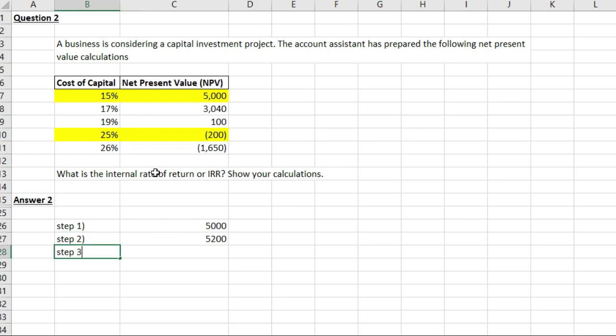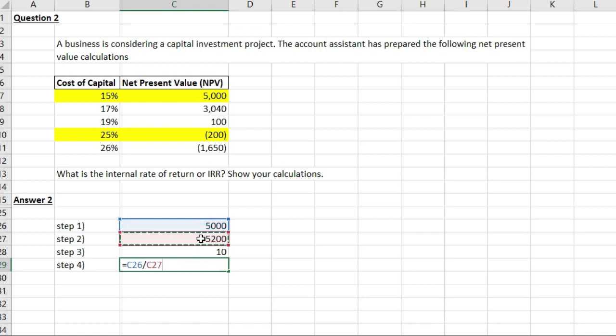Now step three, what I'm going to do is take these two percentages and minus them from each other. I'm going to do 25 minus 15, so that gives me 10. Now step four, it doesn't matter if you do step 4 or step 3 first, but I'm going to take this positive net present value figure and divide it by the two that we added together.